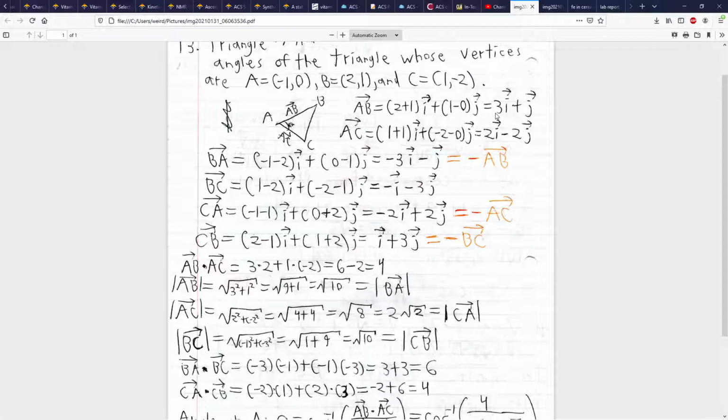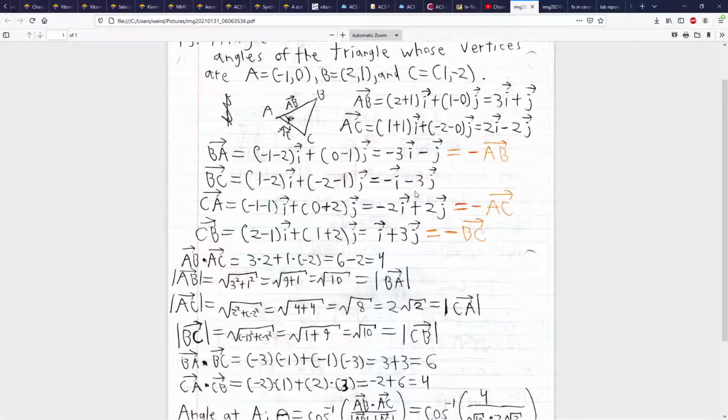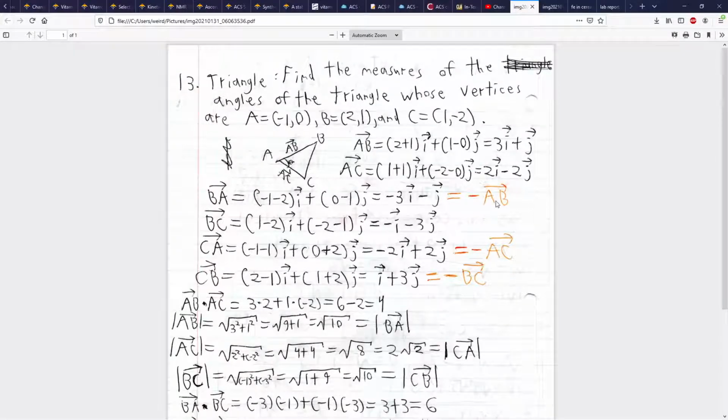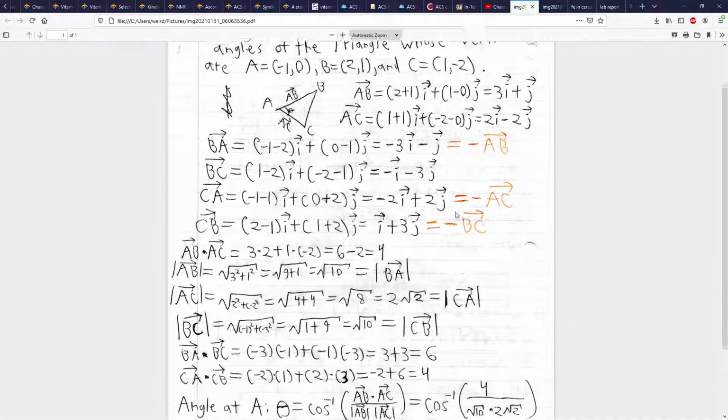So 3i plus j, and this is continued for all of these. One thing to note is that you can apply the scalar negative 1 to the whole thing, and that gives you BA is negative AB. As you can see, negative 3i minus j and 3i plus j are just negatives of each other. So that's one way you could speed up the process of taking these vectors.